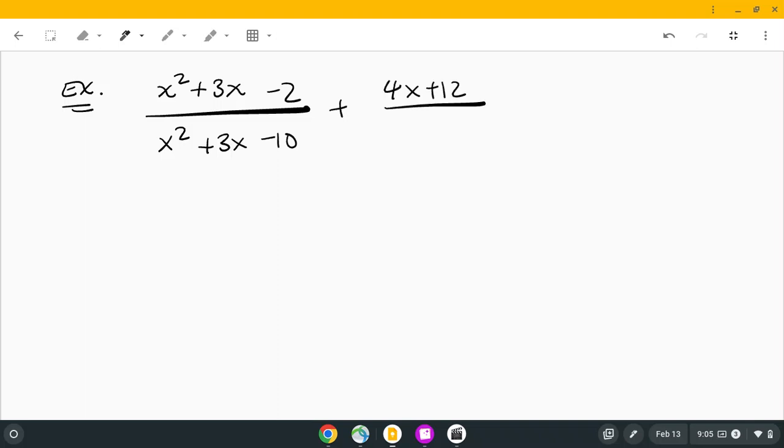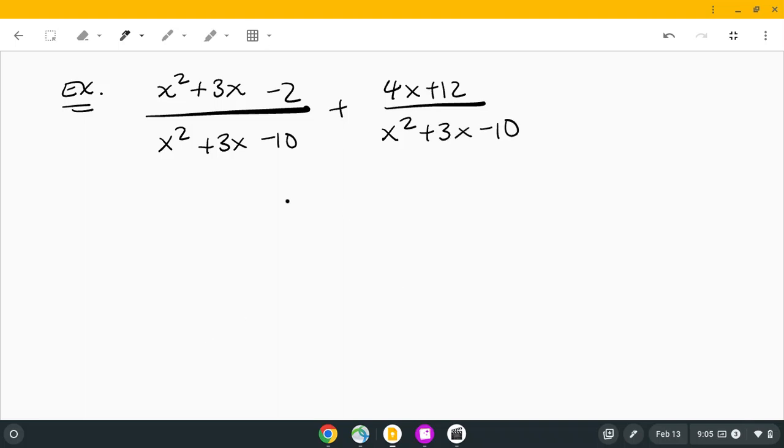Okay, so x squared plus 3x minus 2 all over x squared plus 3x minus 10 plus 4x plus 12 all over x squared plus 3x minus 10.